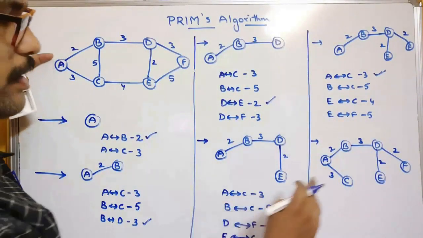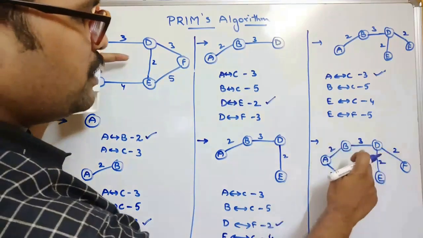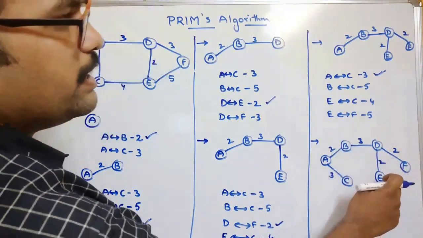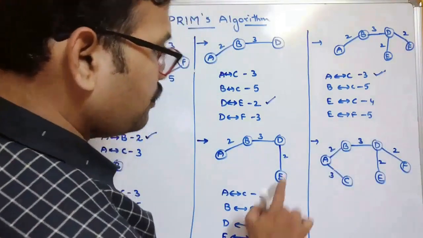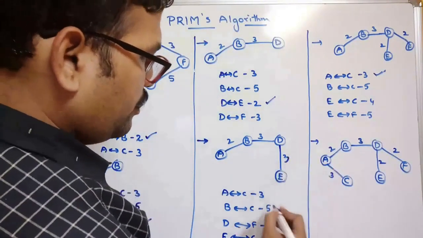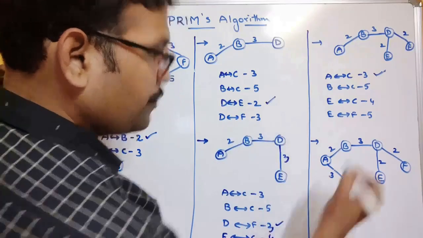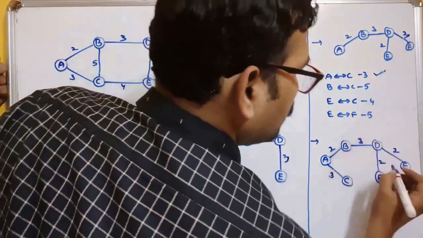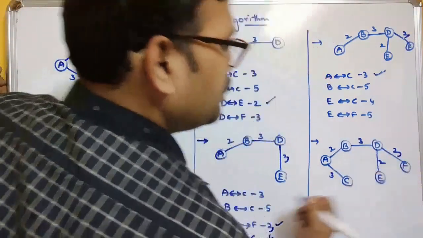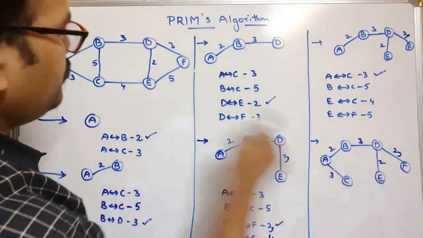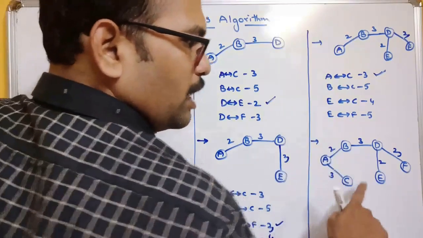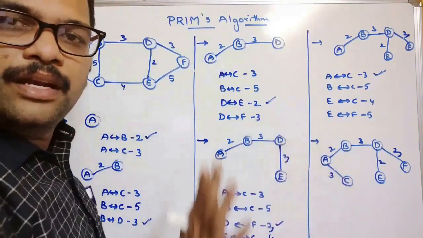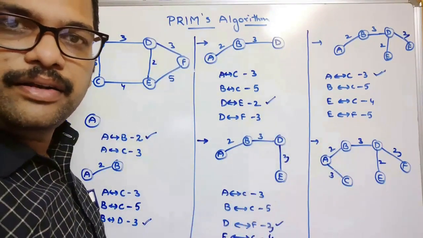So you can observe here A to B with 2, B to D with 3, D to F with 3, and then D to E is 2 and A to C is 3. So you can observe here all the vertices have been included in the tree.